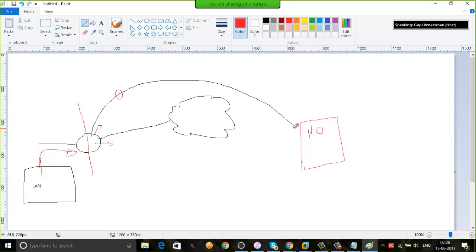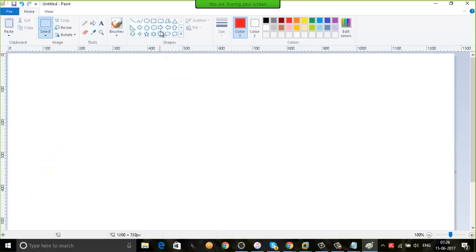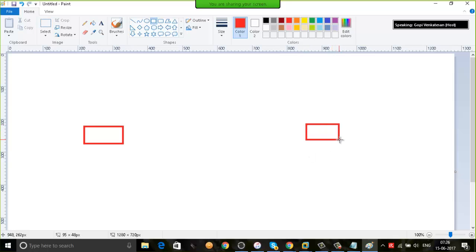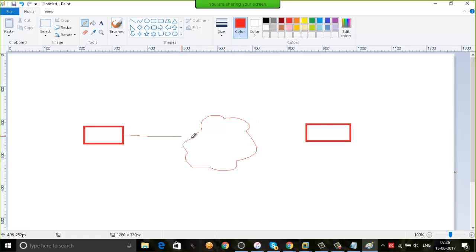Let's say that I have a firewall, I have another firewall over there, and I have internet connection. They are connected to this. A tunnel is being established between these 2 firewalls.